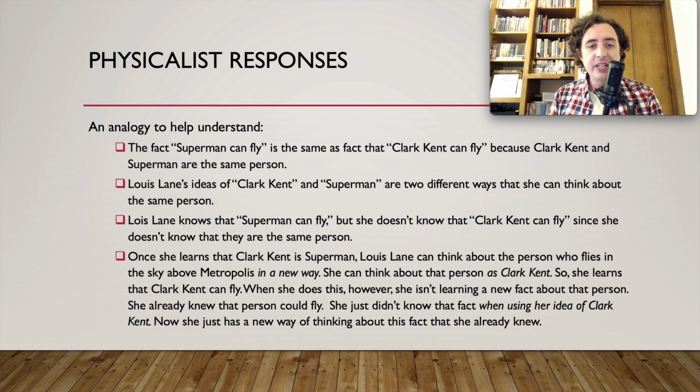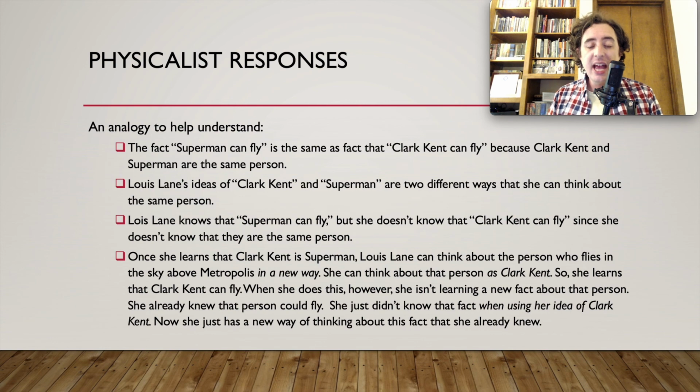Analogously, the phenomenal concept strategy is claiming that Mary knows all of the facts when she's in the black and white room. But when she leaves the room and has the experience of red herself, she gains a new way of thinking about redness that she didn't have when she was in the room.